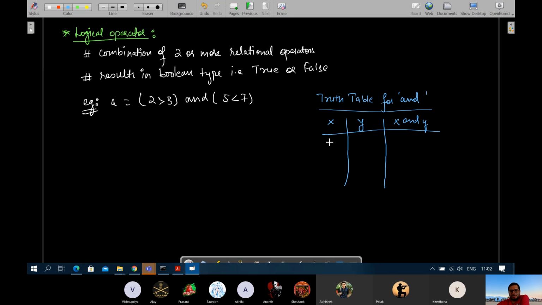So if x is false, y is false, x and y क्या होगा? Result will be false. X is false, y is true, then result will be false.